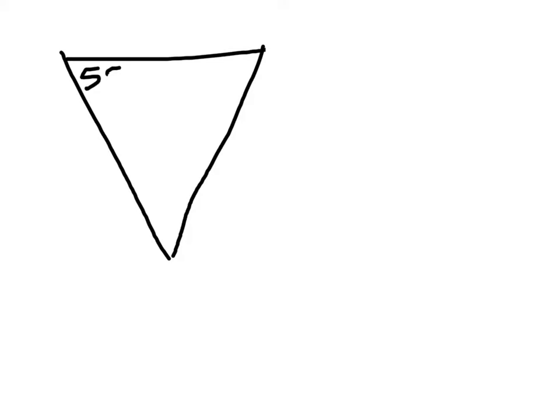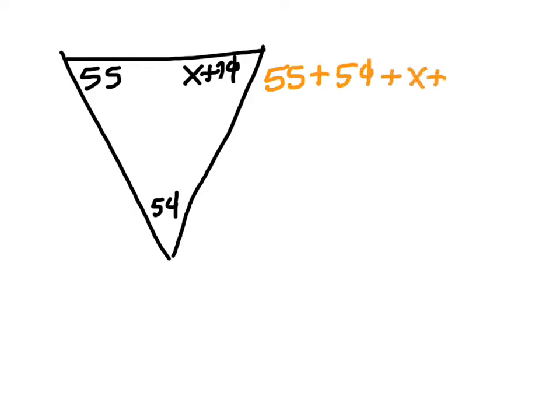This is 55. This is x plus 74. And this is 54. Using that same concept, we know that 55 plus 54 plus x plus 74 is going to give us 180 degrees.